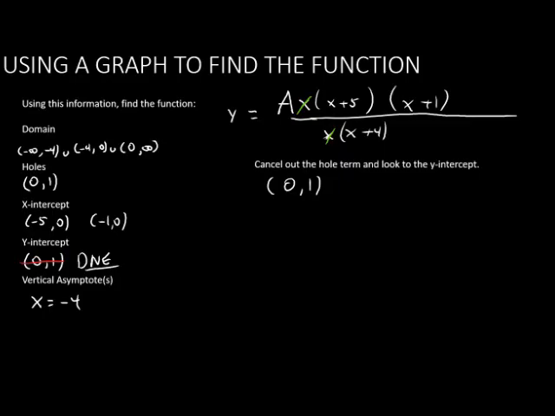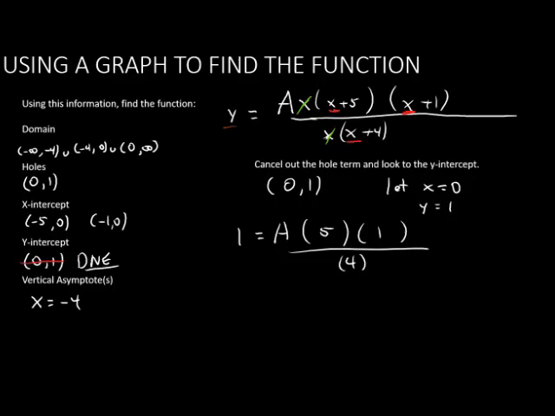We can still use that 0, 1 where we can let x equal 0 and let y equal 1. So where the y is located now, we'll say 1. And everywhere we see an x, we'll place a 0 in that position. Therefore, we'll have a times 0 plus 5, which is 5, 0 plus 1, which is 1, over 0 plus 4, which is 4.